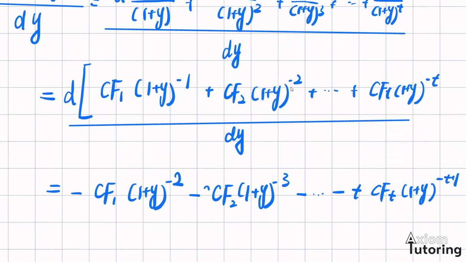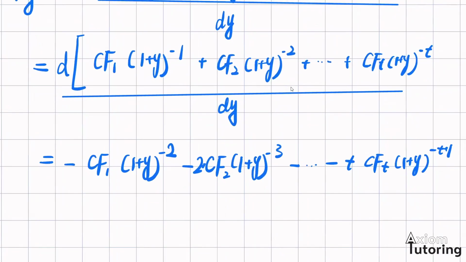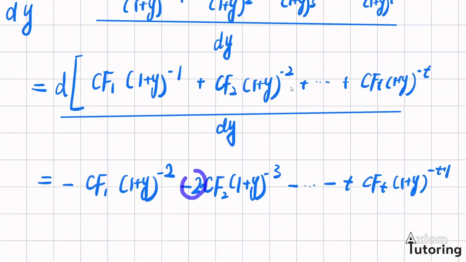I should add the 2 here in case we forgot: the 2 because of the exponent minus 2, and then t because of the exponent minus t.